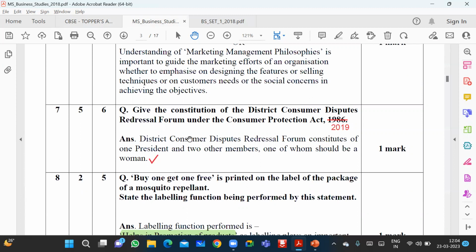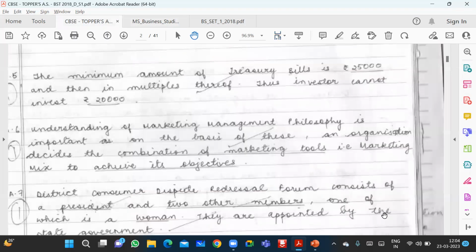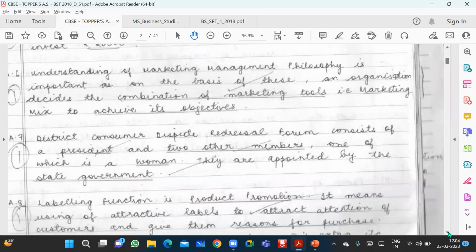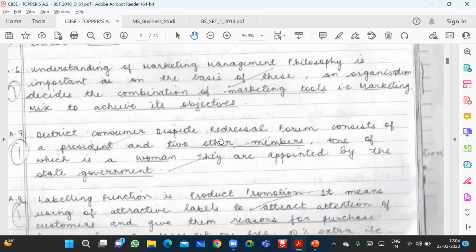Under the district consumer redressal forum, there should be one president and 2 other members, and one of them should be a female. You will get 1 mark if you write the correct answer. Now let's see how the topper has written the answer. This is question number 7. The student has written the same meaning and has got 1 mark.